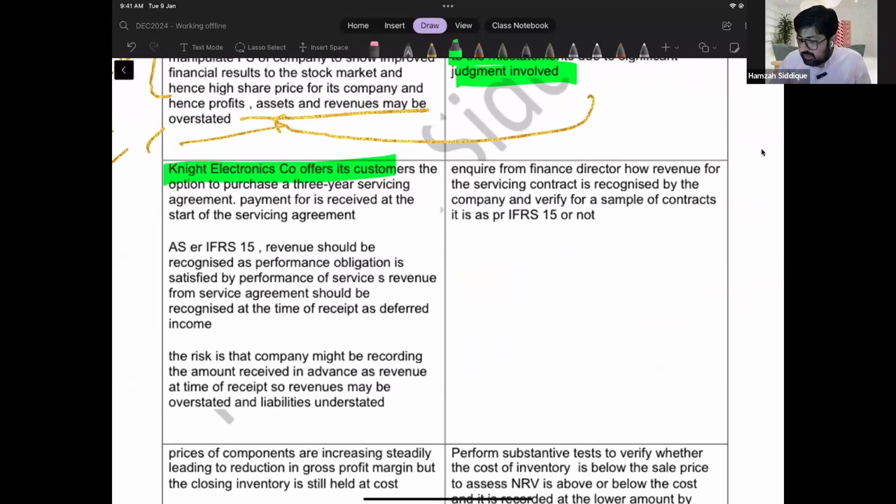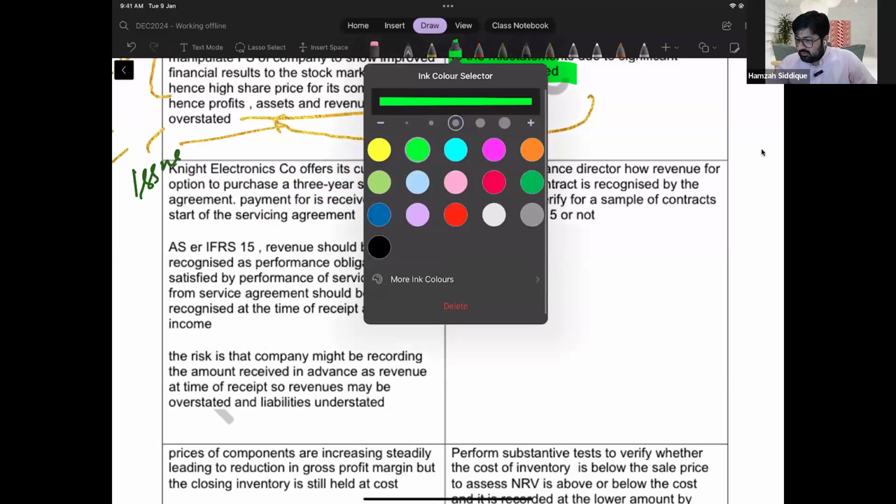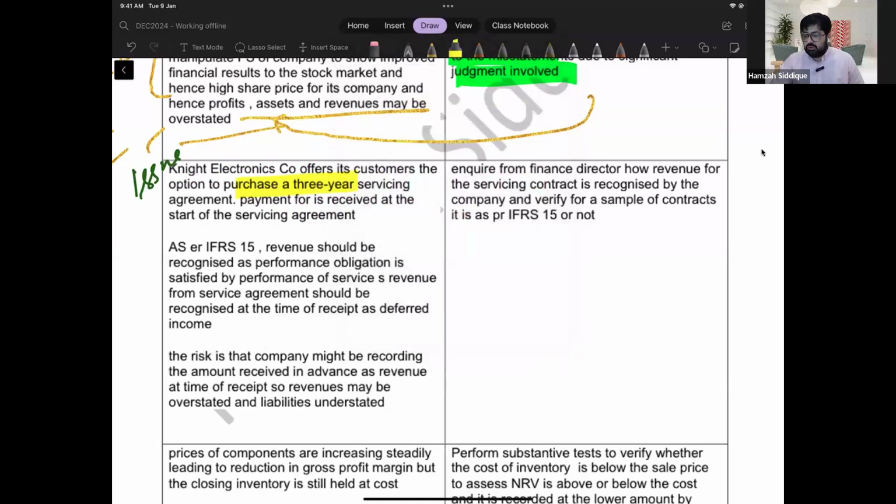This is the issue from the scenario, the 3-year servicing agreement issue. Now, as per IFRS 15, revenue should be recognized as a performance obligation is satisfied. If you don't remember the number, no worries, don't write it.